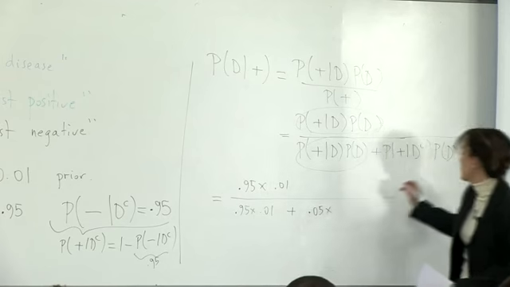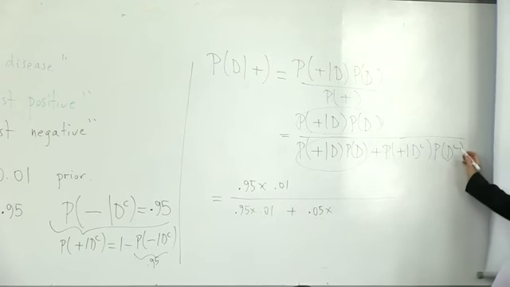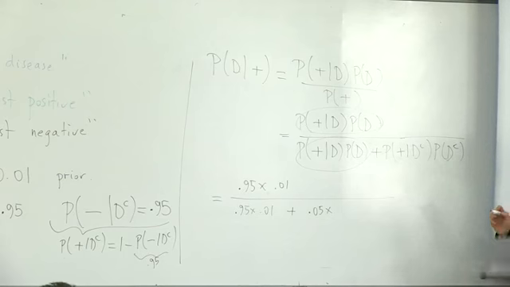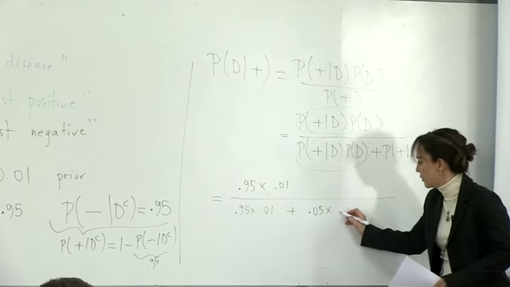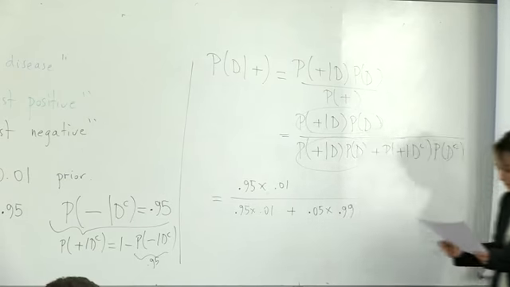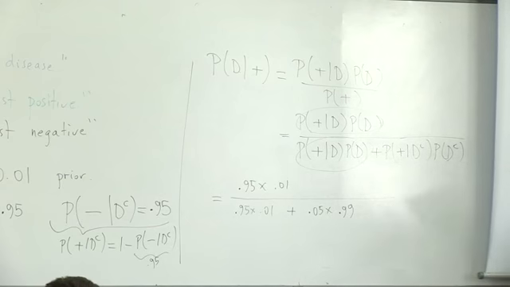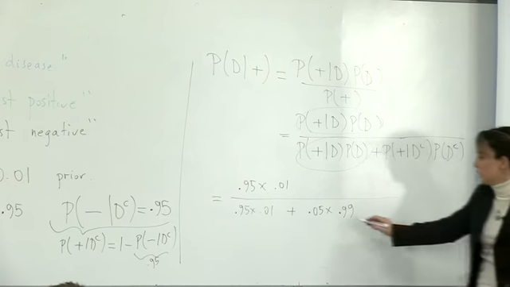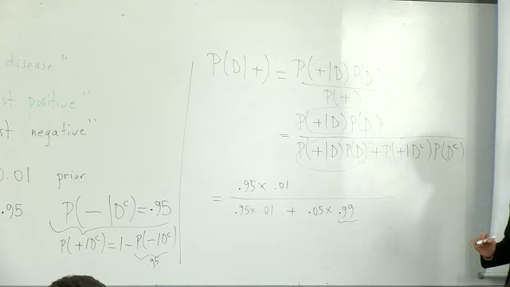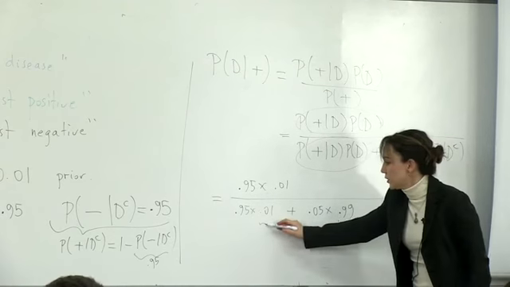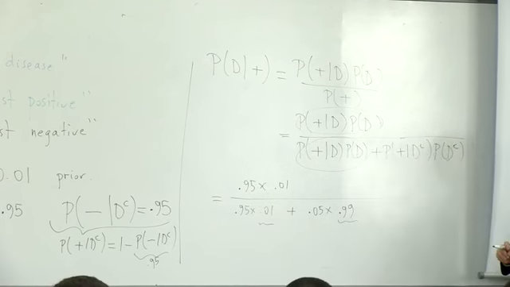0.05 times the probability of not having the disease, and this is the large number, 0.99. So if you look at this expression, before you compute anything, what do you see? You see that this is close to 1, and this is close to 0. Okay?